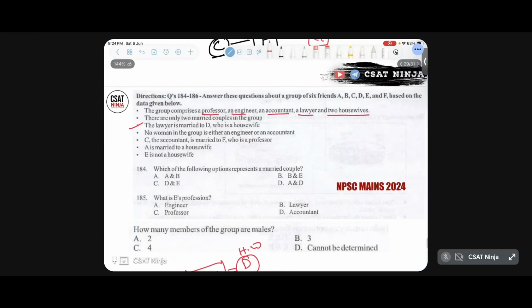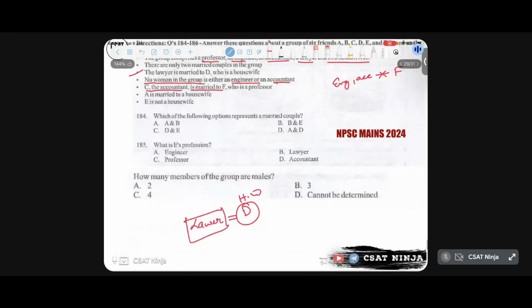Next statement. No woman in the group is either an engineer or an accountant. So I'm going to write it this way. ENG and ACC is not possible for female. C is an accountant and is married to F. I'm going to write it down here.